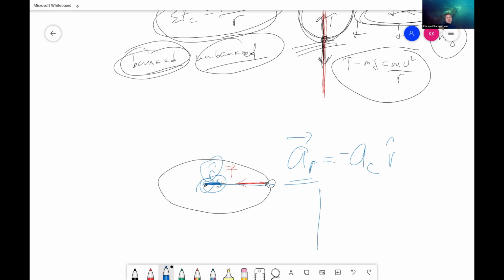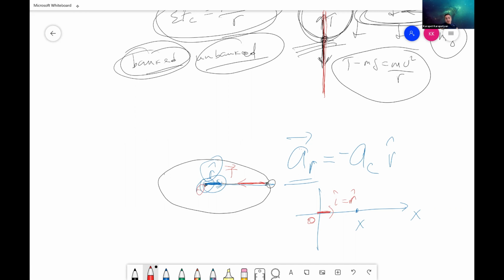Think of it like a coordinate system x. Let's say this is your position x, going from the origin, your reference point, because here the center is the reference point. So this is i hat, or r hat, radial in that direction. Technically i hat and r hat are the same.